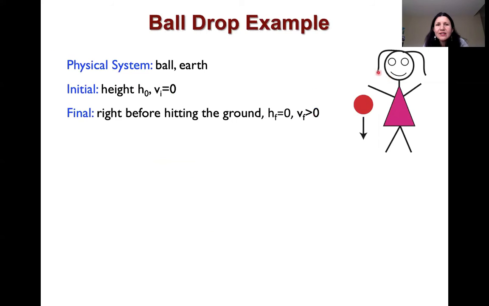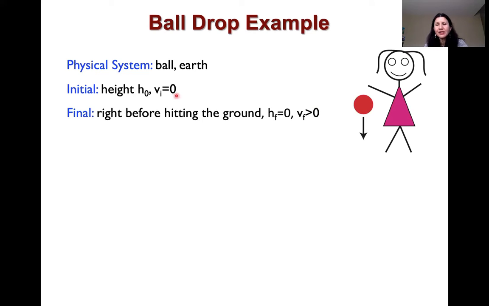All right, let's look at another example. And now we're going to combine the ideas of gravitational potential energy and kinetic energy. So now let's look at an example where initially you're holding a ball at some initial height, let's call it h naught, and initially the speed is 0, and then you let it go.